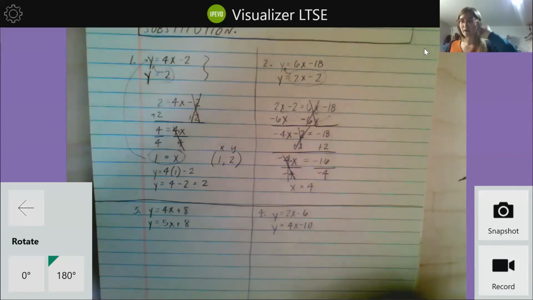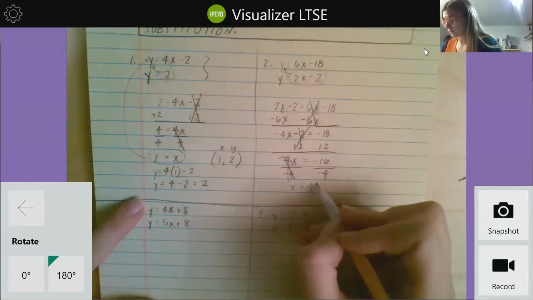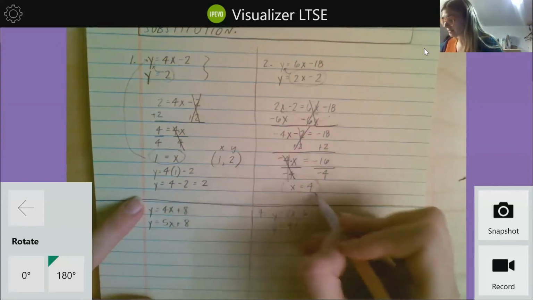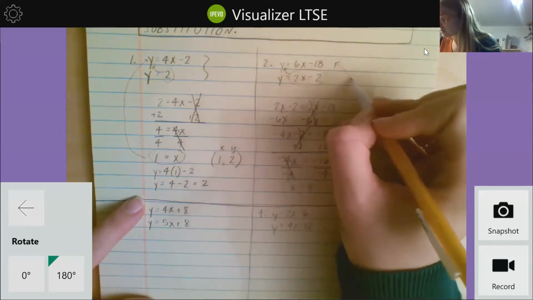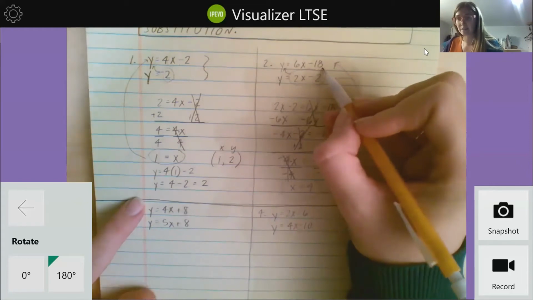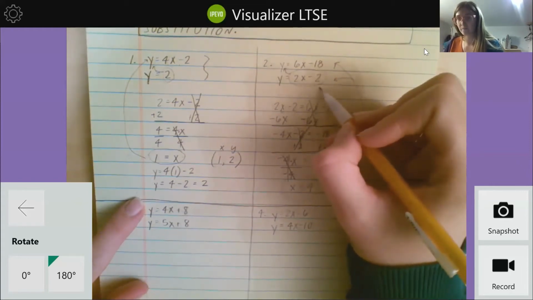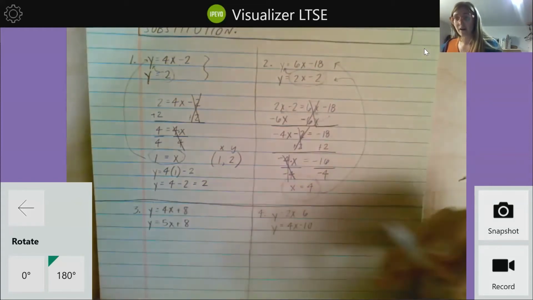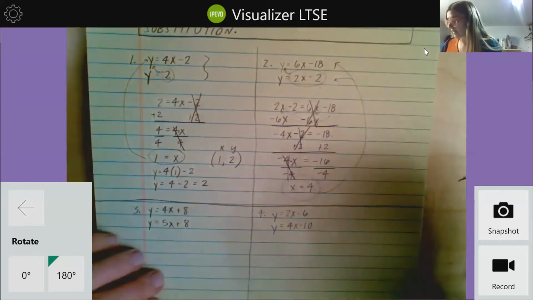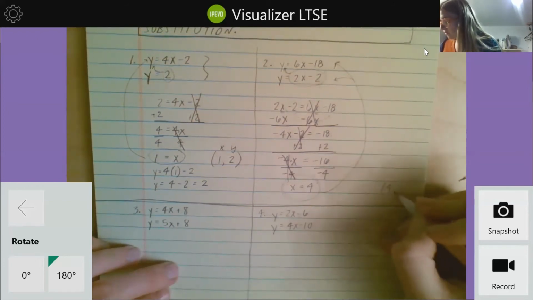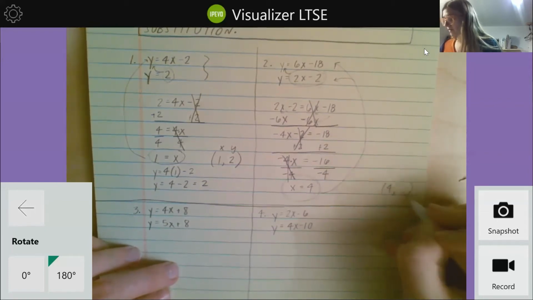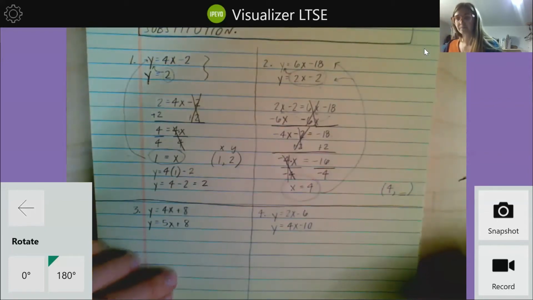And I'm going to leave you to do the rest of this. We're going to take that value for x, and you can plug it back into one of those original equations. You can plug it into this one or into this one. You're going to solve for the value of y, and then you can write your answer like an ordered pair. So it's going to be 4 and then whatever you find for that value of y. Okay?